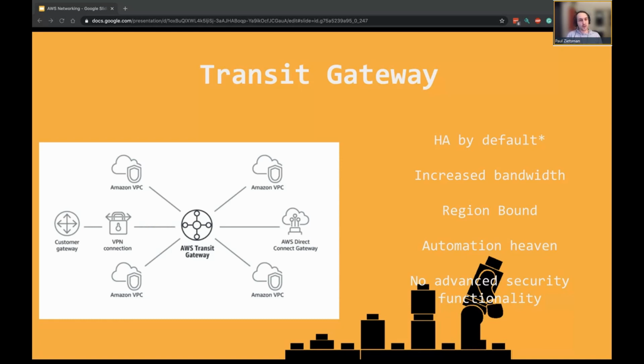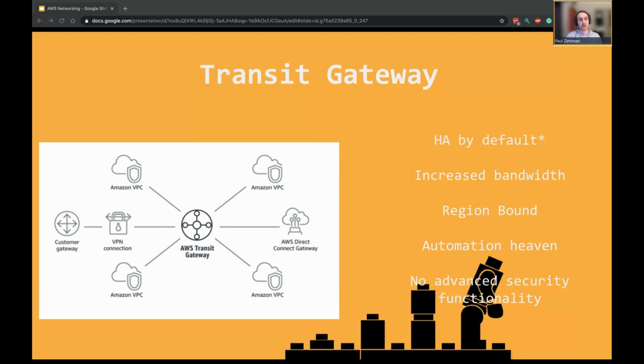But for you guys working in AWS, we're almost always across multiple availability zones, so that's not really a problem. So it's kind of HA by default. The bandwidth limits are increased. I don't actually know what the bandwidth limits are, but it has increased bandwidth capabilities. Again, not really something that we are fussed about.